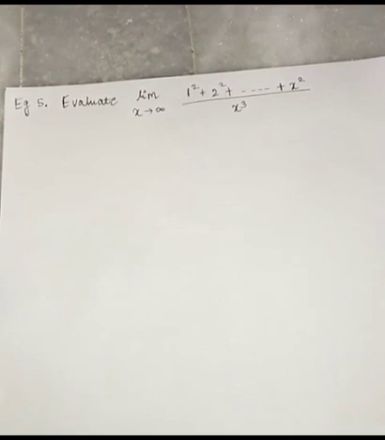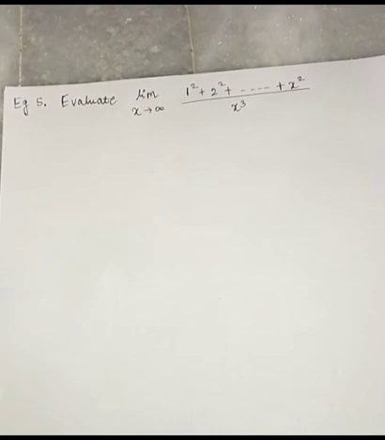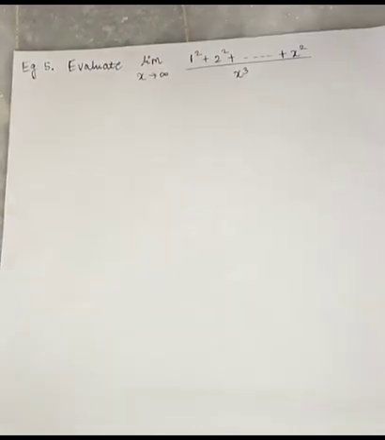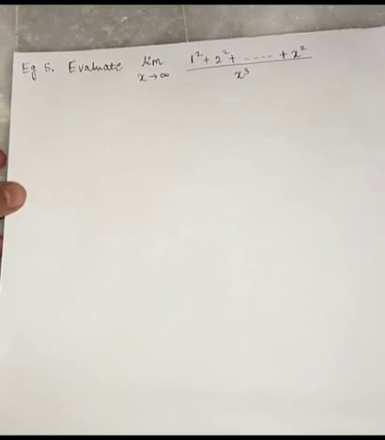Example 5. Evaluate limit x tends to infinity of 1 square plus 2 square up to x square upon x cube. So to solve this equation, you should know the formulas of standard series. So first of all, write down 3 formulas of standard series.